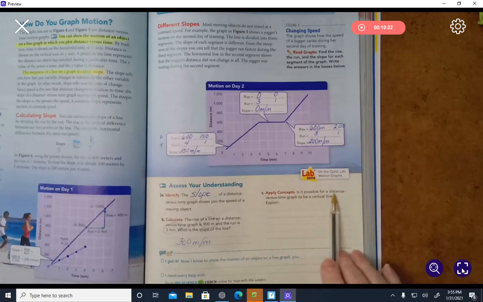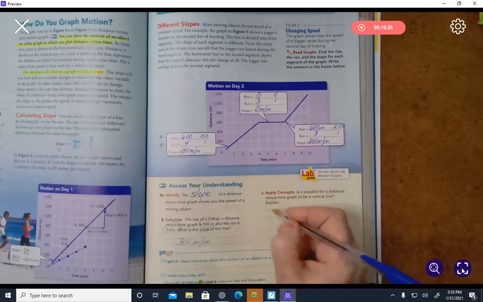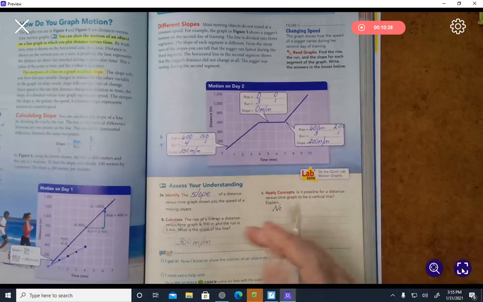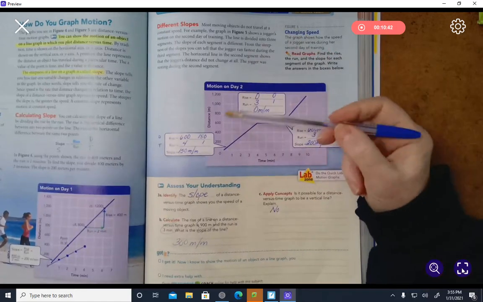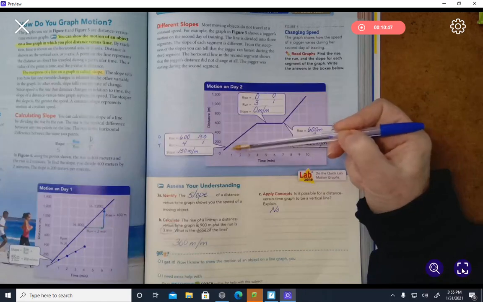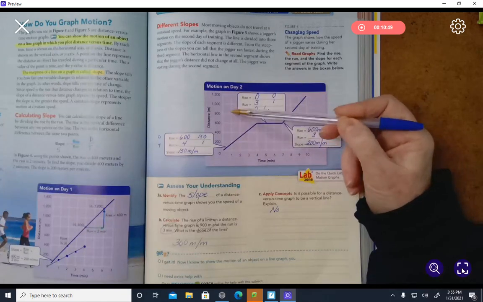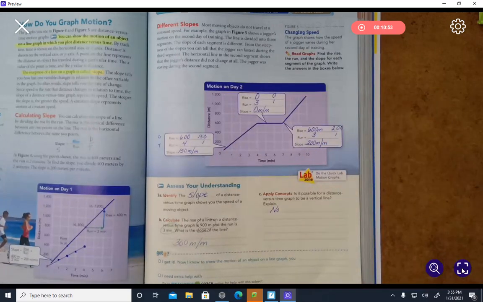Let's see here, apply concepts. Is it possible for a distance versus time graph to be a vertical line? Absolutely not, unless you can vaporize or transport yourself somewhere. Think about, in 1 second, can you be in the same moment of time in 2 different places? So maybe that's fodder for science fiction.